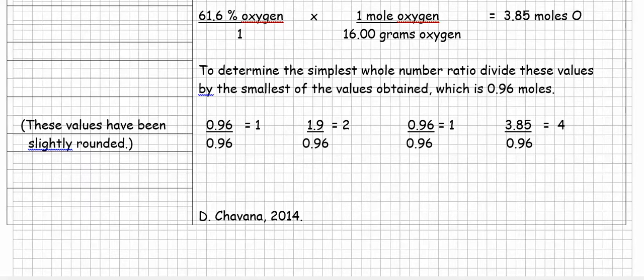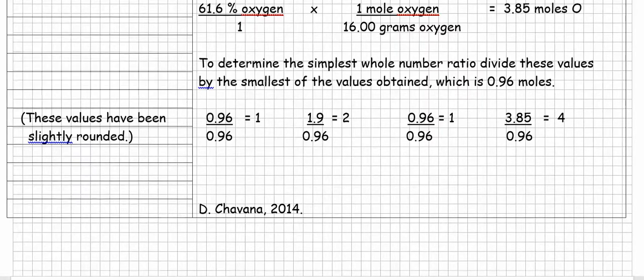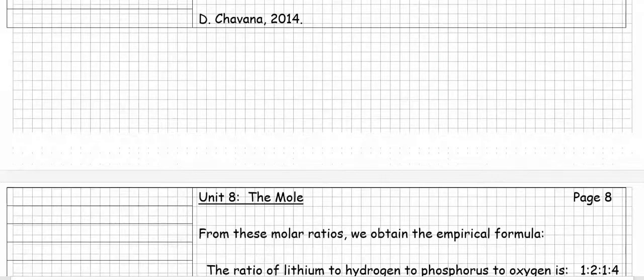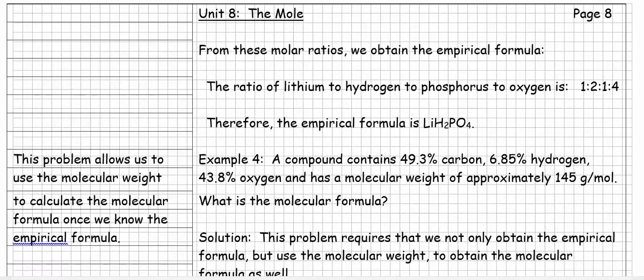So the mole to mole to mole to mole ratio then is 1 to 2 to 1 to 4. That's the simplest whole number ratio, right? From these molar ratios, we obtain the empirical formula. The ratio of lithium to hydrogen to phosphorus to oxygen, again, is 1 to 2 to 1 to 4.